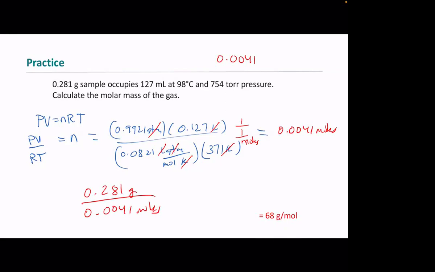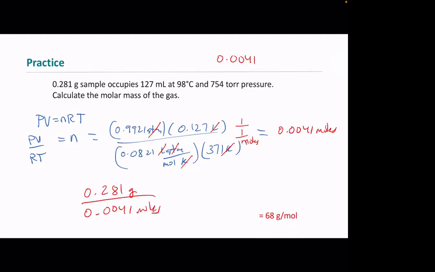In some cases, you can actually figure out the identity of the gas because some of them have a unique molar mass that no other common gas has. Like carbon dioxide's 44, hydrogen's 2, helium's 4, oxygen's 32. There are common molar masses of gases to help you identify.